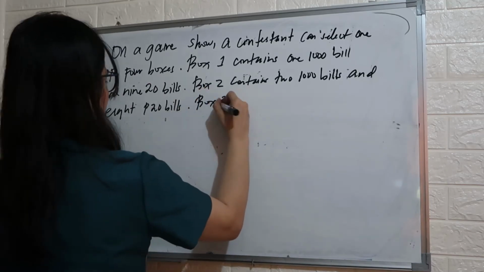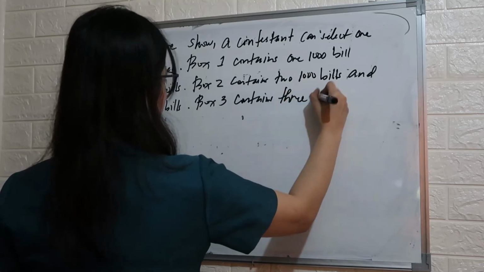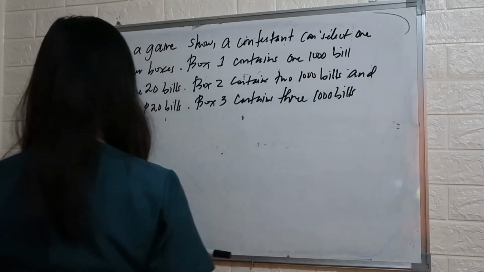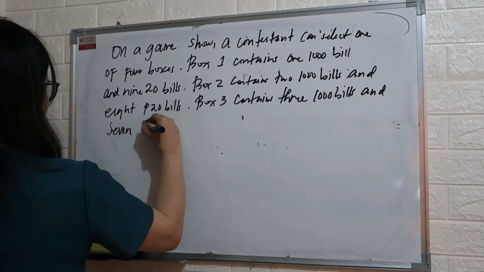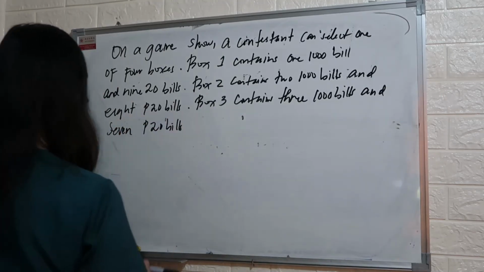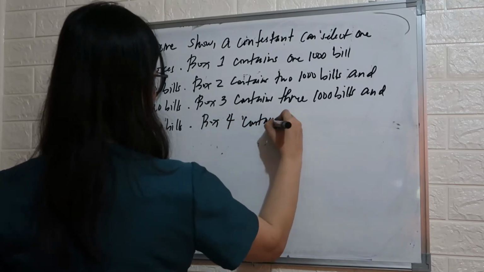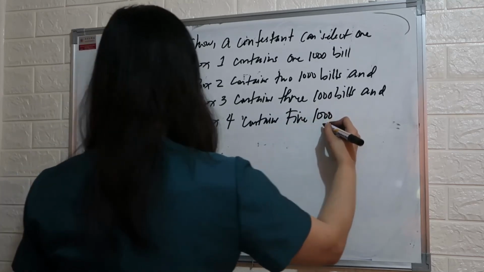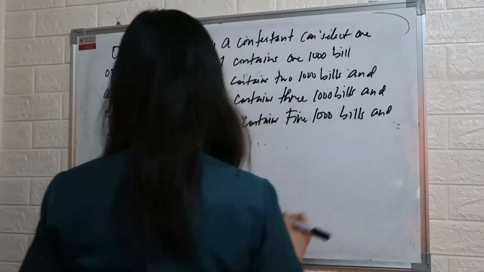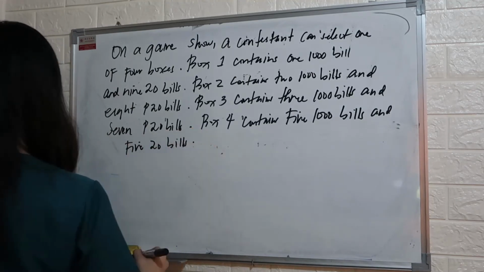Box 3 contains 3 1,000 bills and 7 20 bills. Box 4 contains 5 1,000 bills and 5 20 bills.